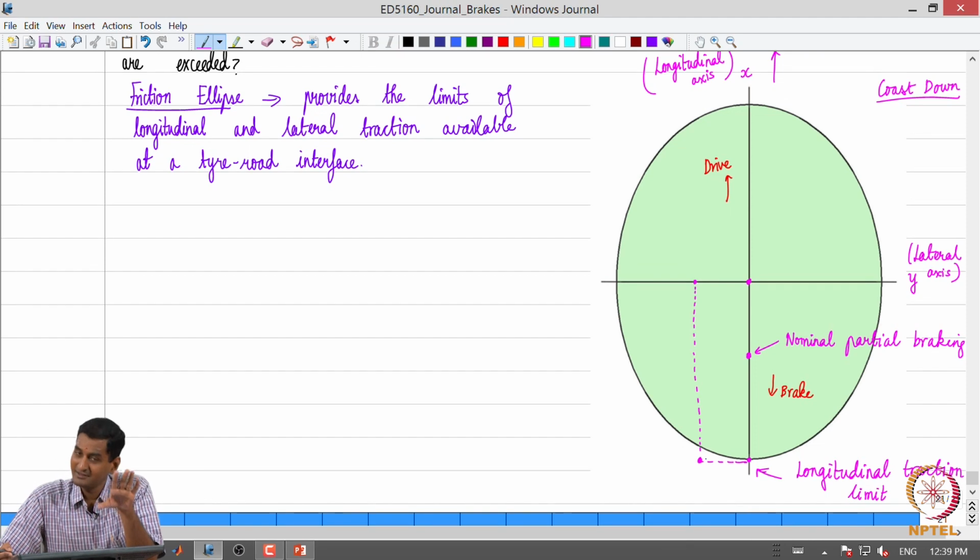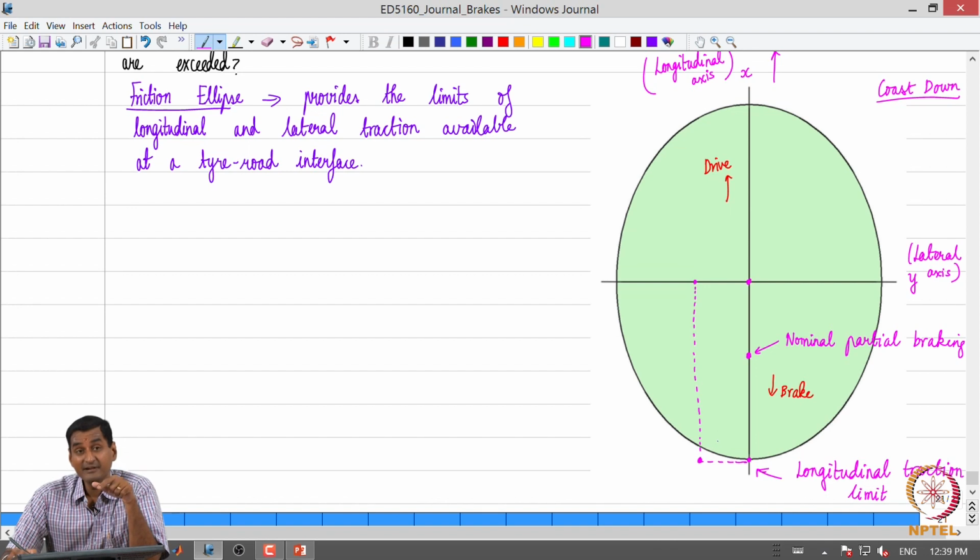We are going to pay a price, and we will see what that price is shortly. But suppose I want to bring the vehicle under control once again, what should I do? I should go within the ellipse, or to the boundary of the ellipse at least, right.